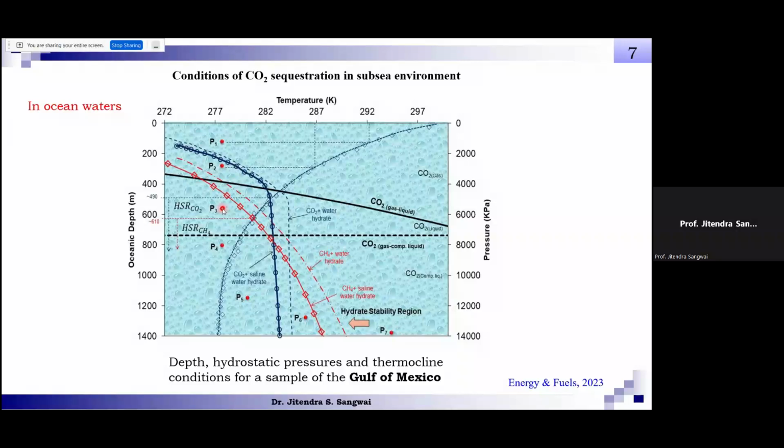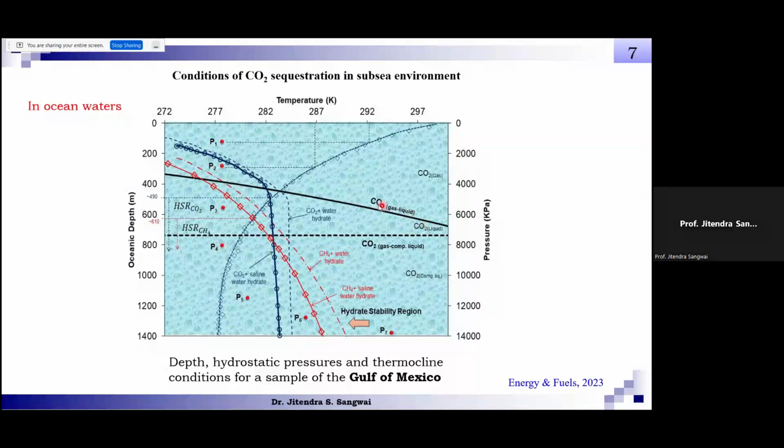Let us look at P3 or let us look at P4. At P4, the temperature is somewhere here, about 282 to 278 Kelvin, and pressure is again about 8 megapascal or 8,000 kilopascal. This condition indicates that the temperature and pressure conditions are well on the left hand side of this curve, which indicates that the injection point at P4 could result in the hydrate formation of CO2 in this case, right?